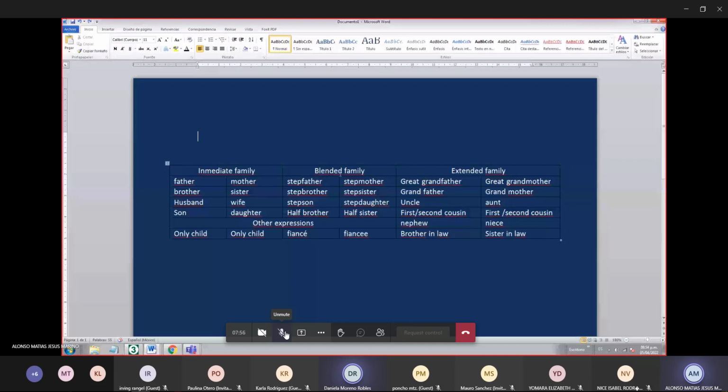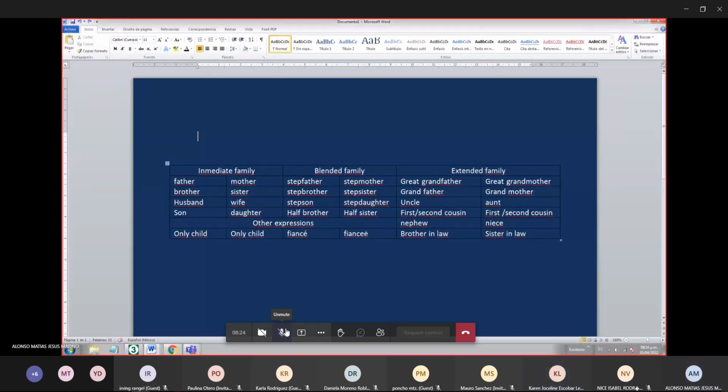Okay, now the blended family, who wants to read the blended family? Stepfather, stepmother, stepbrother, stepsister, stepson, stepdaughter, half brother, half sister, fiancé, and fiancée.